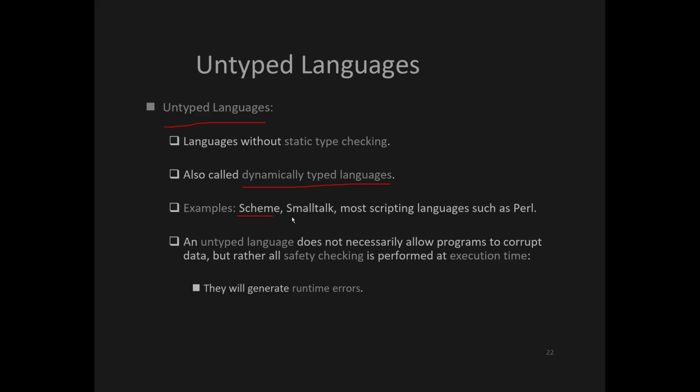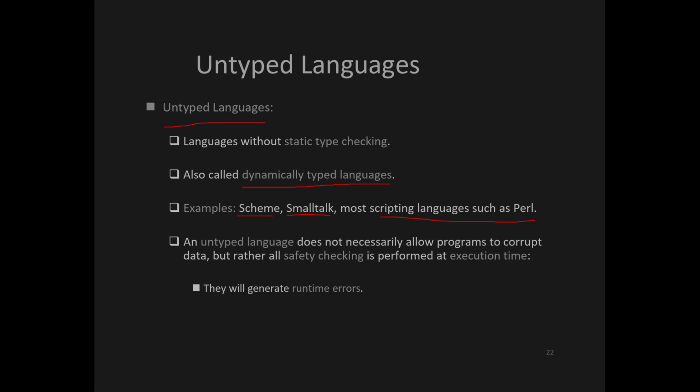So dialects of Lisp, Smalltalk, and scripting languages such as Perl or Python, as you might have seen before, okay? So an untyped language does not necessarily allow programs to corrupt data. Rather, all the safety checking is performed at execution time. So it's not gonna check things as soon as possible. Rather, it's only gonna find these errors when it gets to that point in the execution. And this might be too late in some cases.